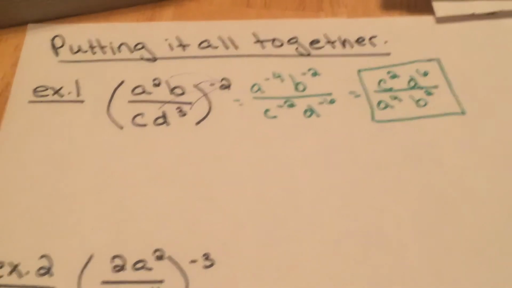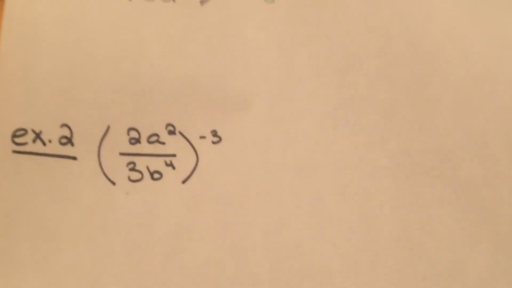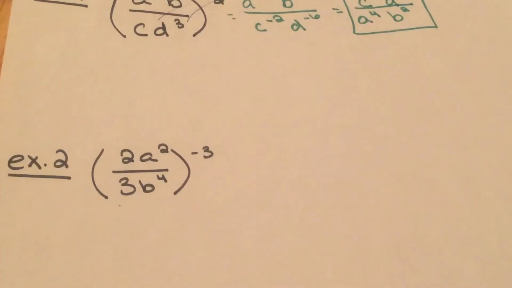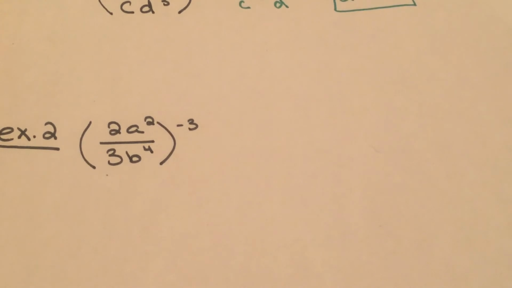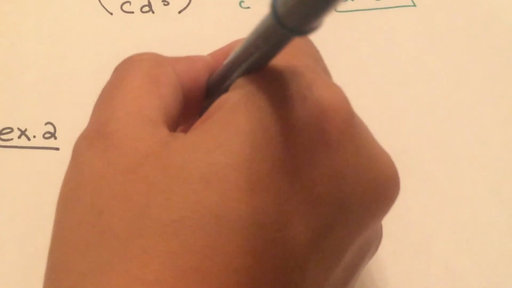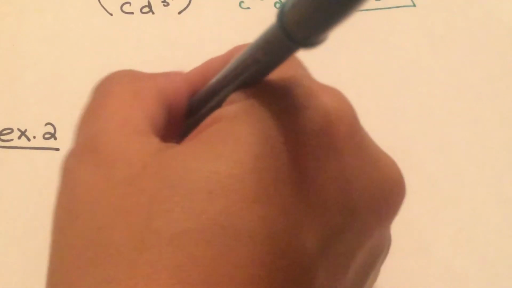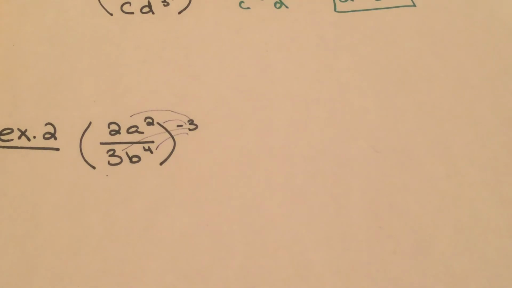Don't worry. So again, this time, hopefully it's not going to be as bad. We do have some numbers incorporated, which means we're going to have to do a little bit of simplifying there at the very end. So let's try this one. First thing, that raising the power means we're going to go ahead and multiply.